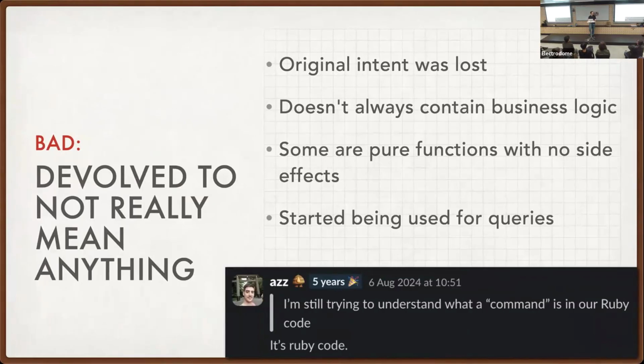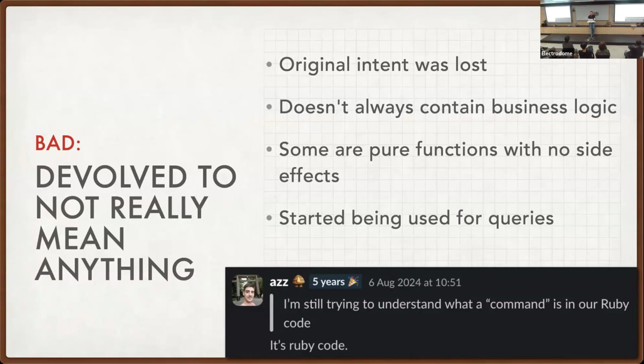They're used for other things. We have some commands that don't mutate the system. They have no side effects. They're just pure functions called for their return value. And we even have some commands that are being used as queries. So that's really confusing if you expect them to be like commands from CQRS, right? Where it's actually both sides in the same thing.